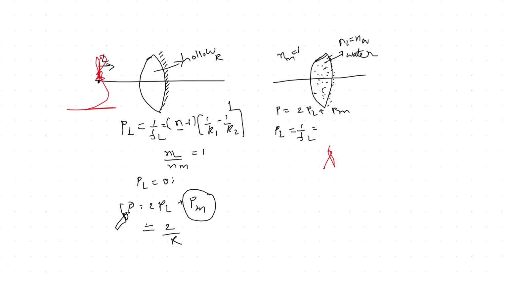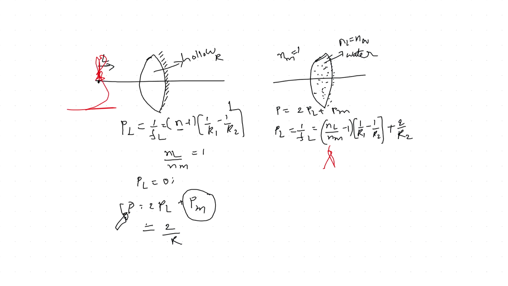That means NL by NM, the relative refractive index, minus 1, into 1 by R1 minus 1 by R2, plus 2 by R, the power of the mirror. So now you substitute the given values if they are given.